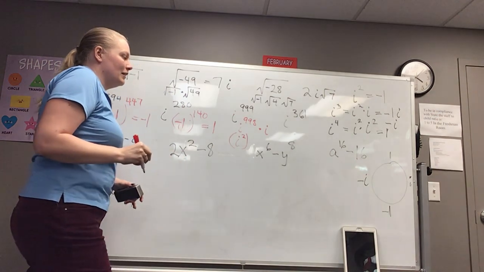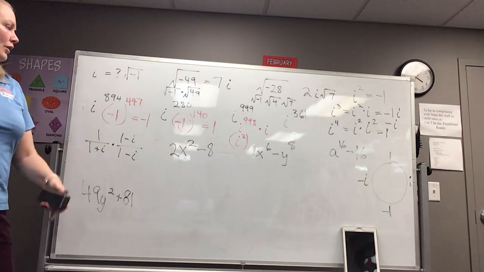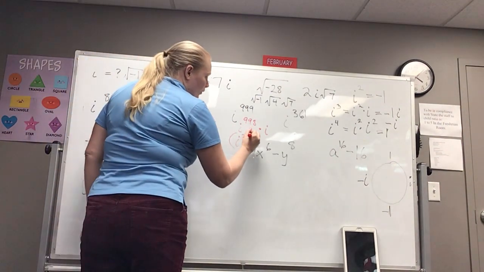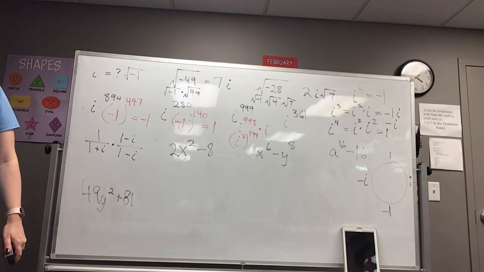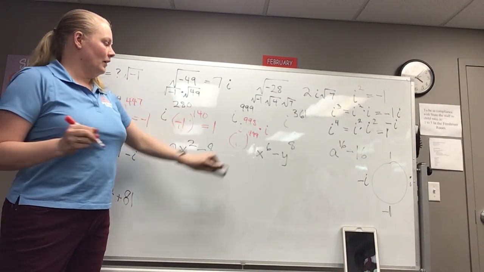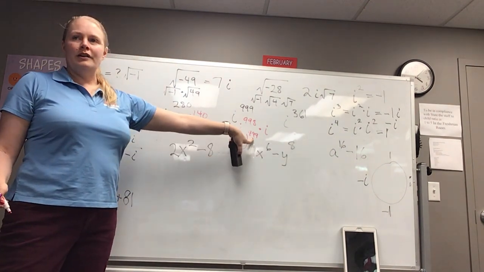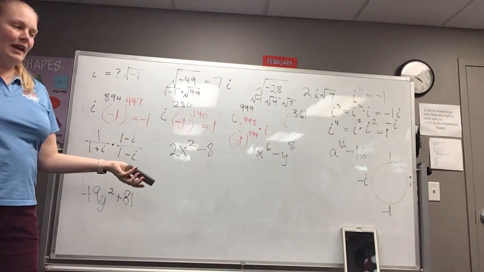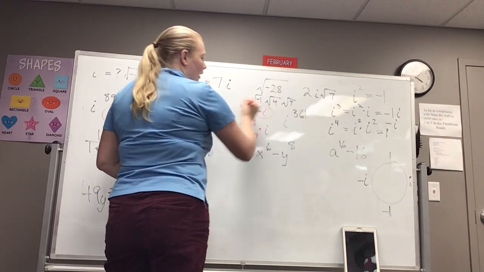So half of 998: half of 1,000 would be 500, 1 less than that, we have 499. i squared, again, is our -1. -1 to an odd number is negative, and so this answer is -i.